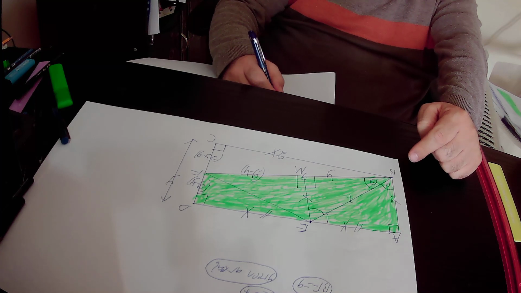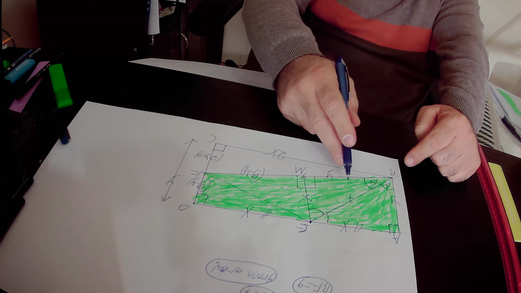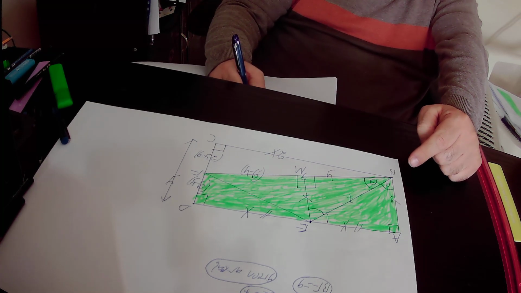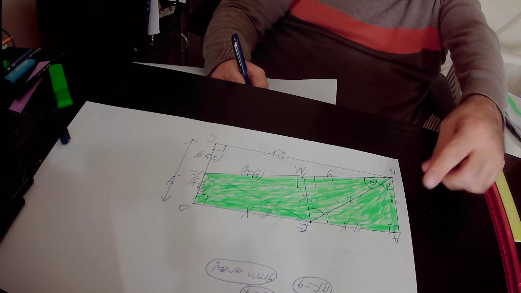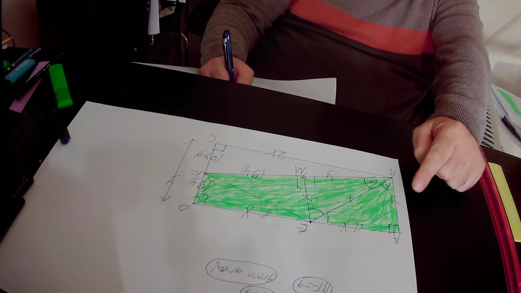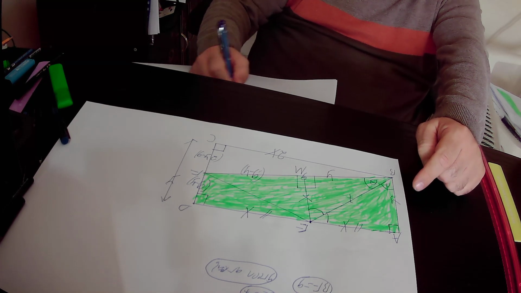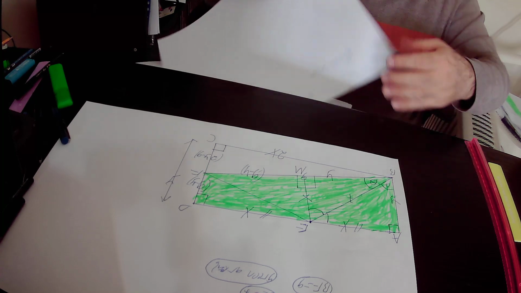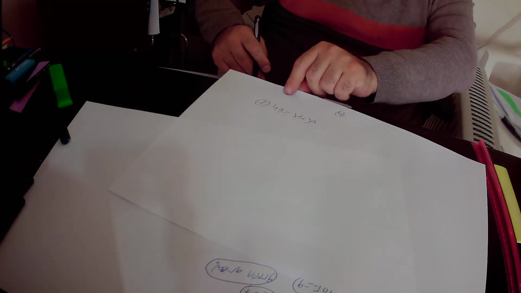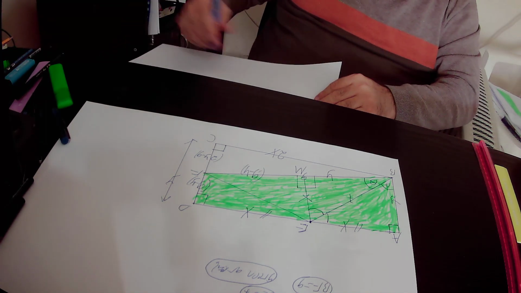That is to say, BE square is 7 square. 7 square is 49. 49 equals AE square, x square, plus AB square, y square. So according to equation number 1, x square plus y square equals 49.